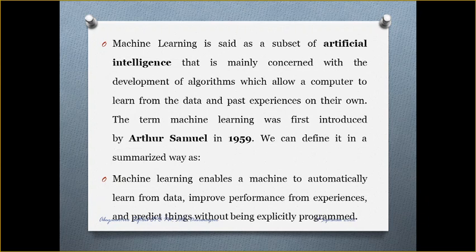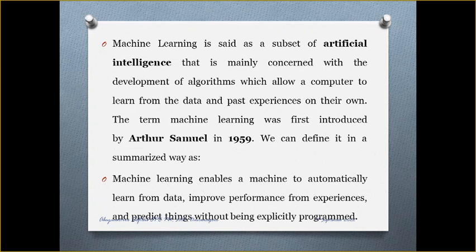Above this there is a domain called deep learning, and over that there is a field called artificial intelligence. Artificial intelligence includes machine learning and deep learning. Machine learning is a subset of artificial intelligence that is mainly concerned with the development of algorithms which allow the computer to learn from the data and past experience on their own.